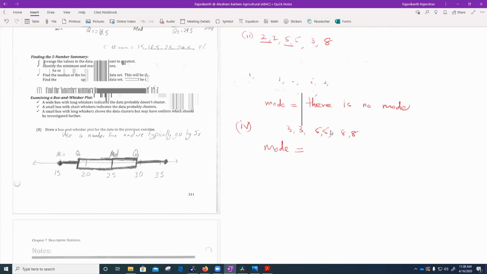All three numbers have the same frequency, right? That would be the same as the one before. There's no mode then. If you have the same frequency, at least one number should have more frequency than the others. But in this case, I don't, therefore here also there's no mode.